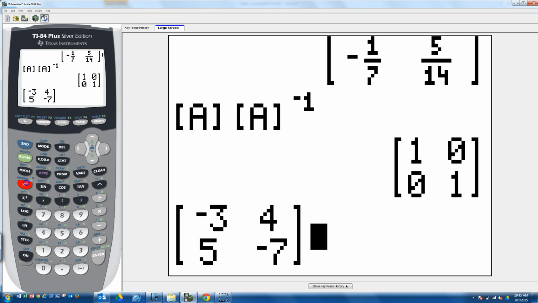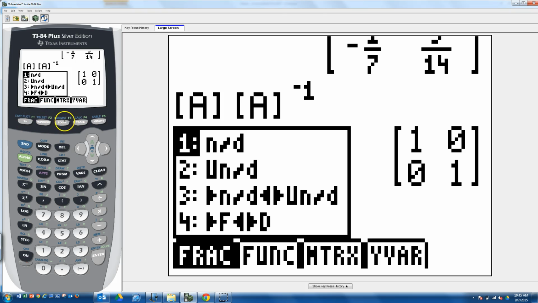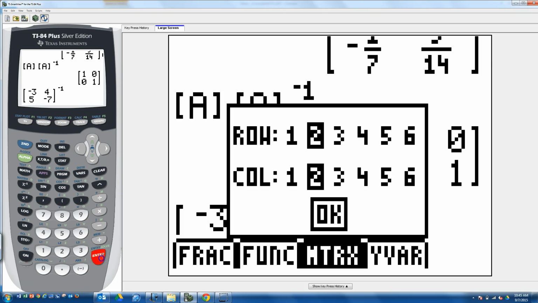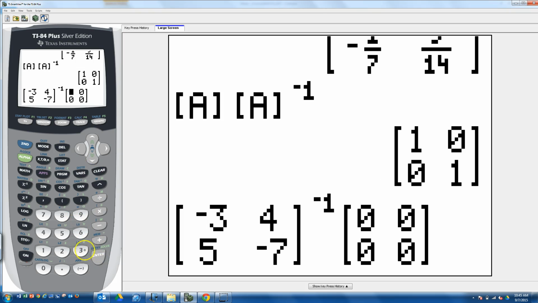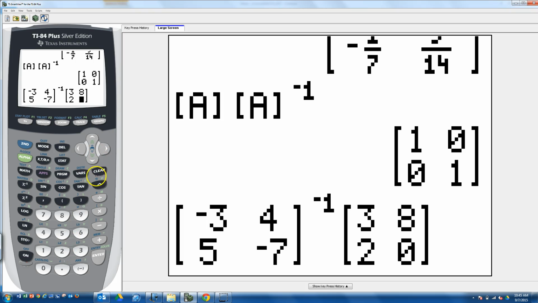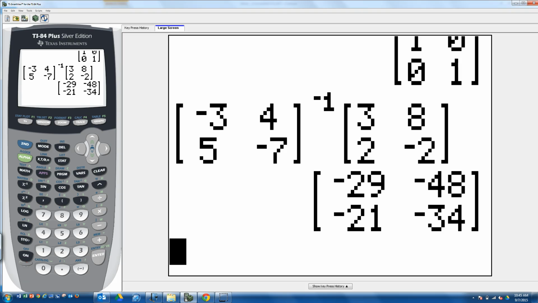But then I want the inverse of that, and then I want another matrix, so alpha y equals zoom, and I want another 2 by 2, and we're multiplying that by b, which is 3, 8, 2, and -2. So you can do it this way too if you want. Sometimes it's better. If you have a math print, you can do it this way. You hit enter, and we get that value.